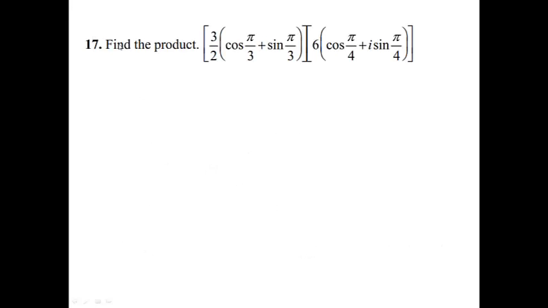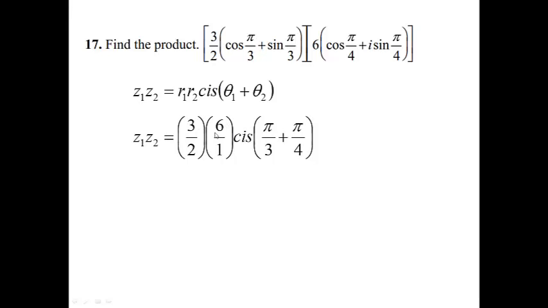Number 17, the product. The product of two vectors is to multiply the absolute values and then add the angles. So we're going to multiply the 3 over 2 times 6 and add the pi over 3 plus pi over 4.